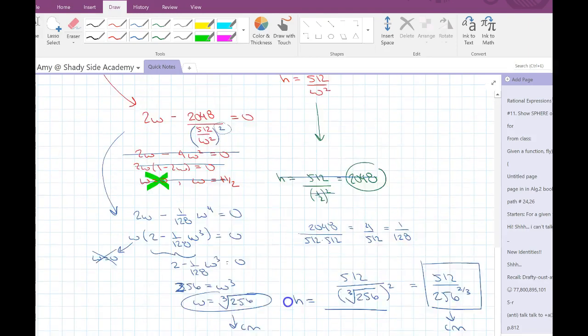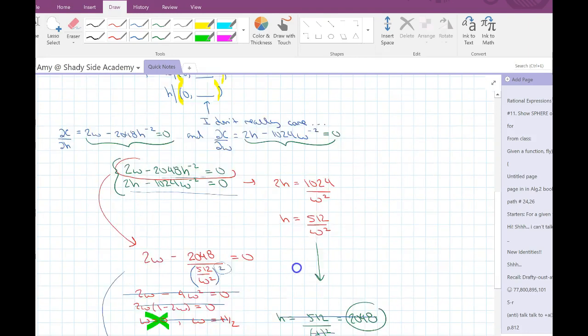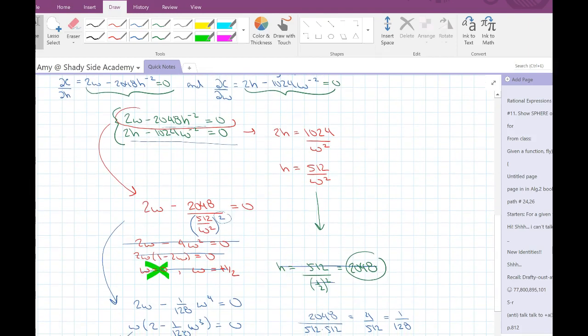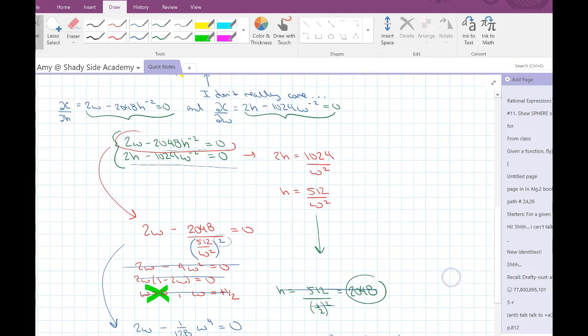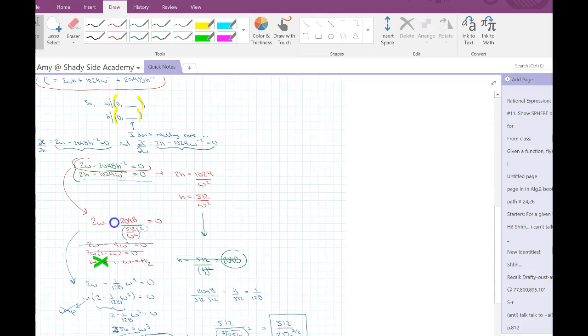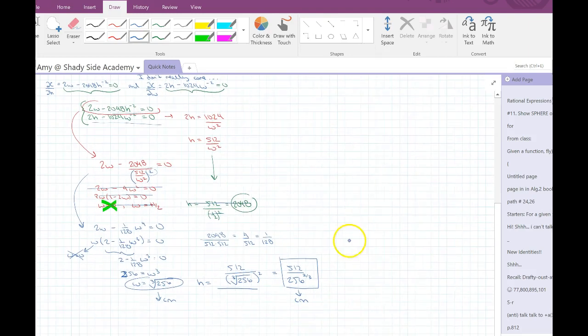Now, what's interesting here is I'm going to make this really teeny weeny, because I can't scroll. I'm going to go over here and take the second derivative of C with respect to H, and what I get is positive 2 times 2048 times H to the negative third.